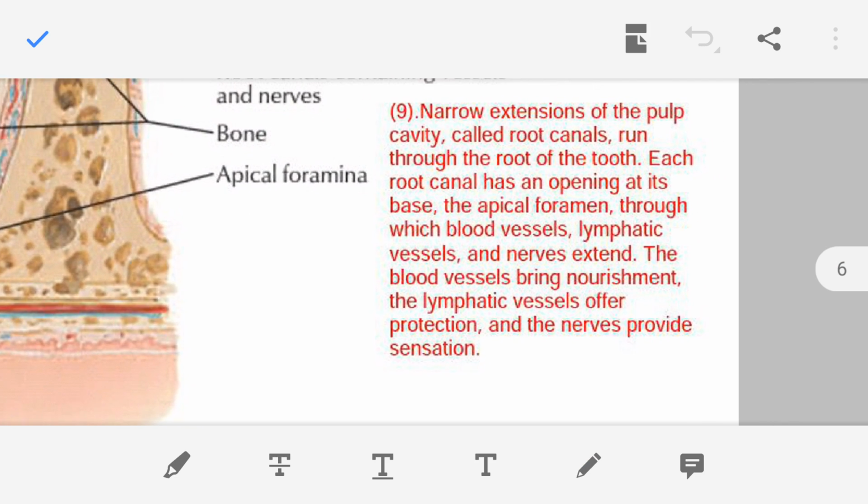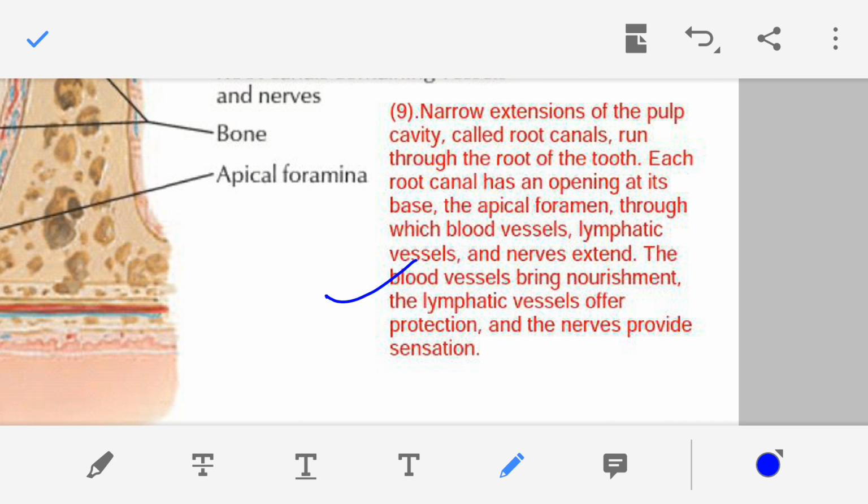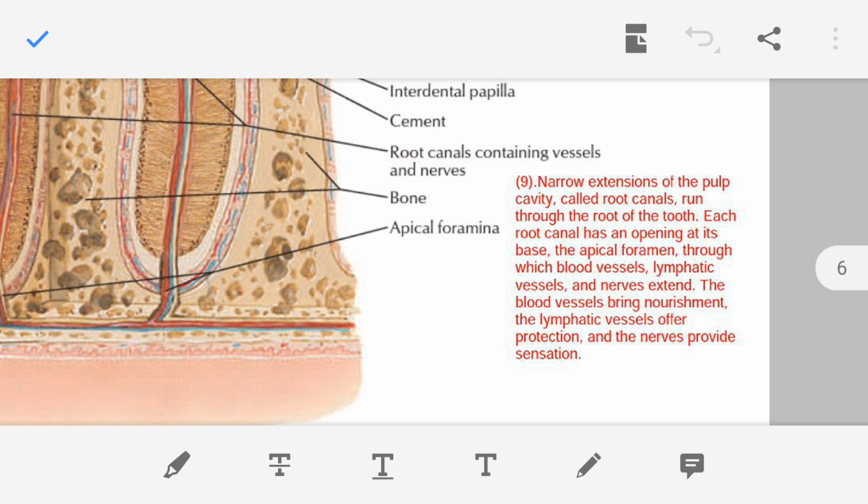And the role of the blood vessels is to provide nourishment to the cells of our tooth. Then the lymphatic vessels are protecting the tooth. And the nerves provide the sensation.